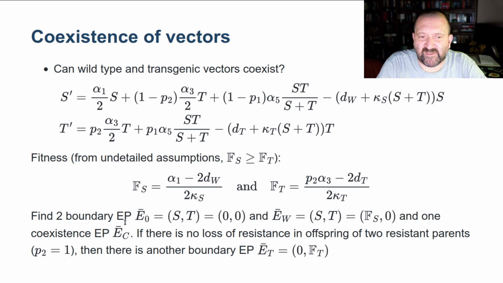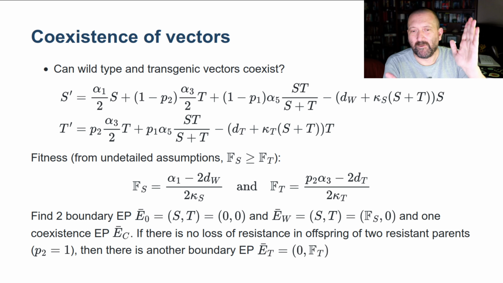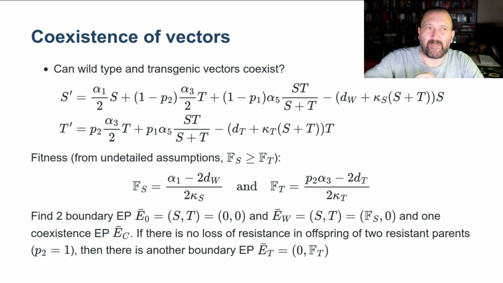And then there's a coexistence equilibrium where the two species are present. If there's no loss of resistance in the offspring, then there's another equilibrium which has only transgenic. Okay, that's a boundary. So there's two boundary equilibria. There's one which is the origin, and there's one that is in the interior of the quadrant.